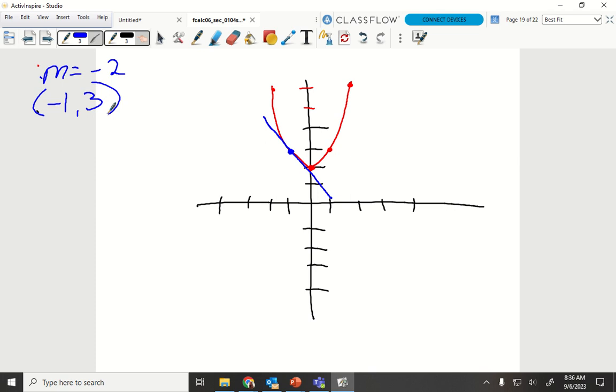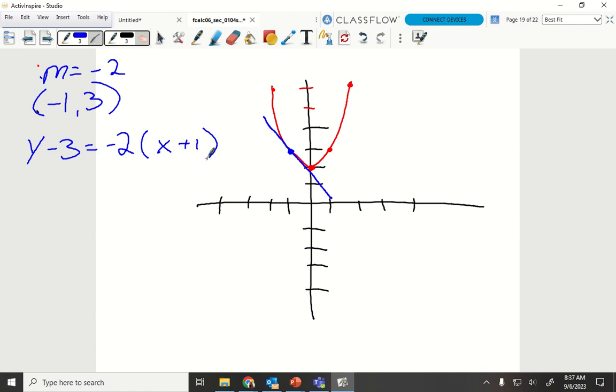It's going to be y minus 3 equals -2 times (x minus x1), which is minus a -1, so that makes it a positive 1: x plus 1.